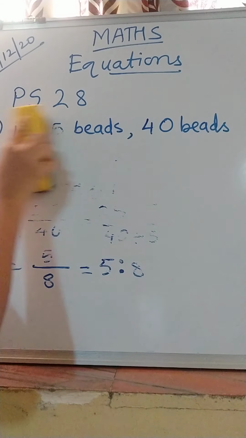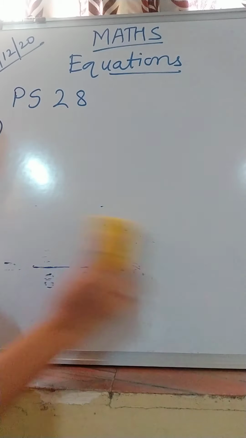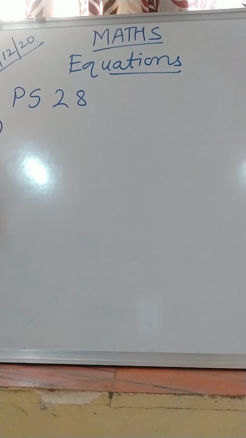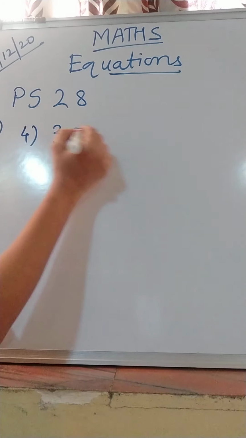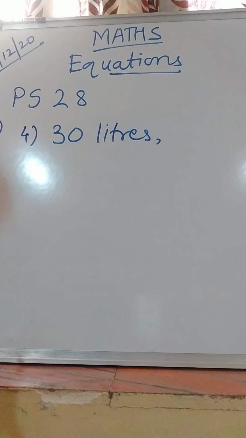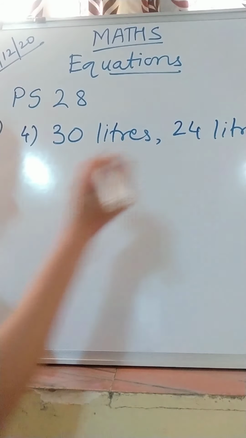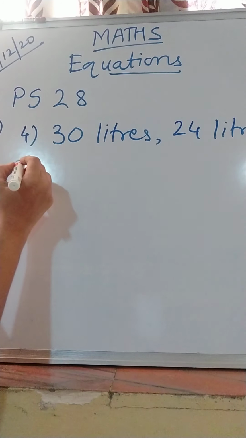Fourth question, 30 liters and 24 liters. Right? First quantity is 30 and second quantity is 24.